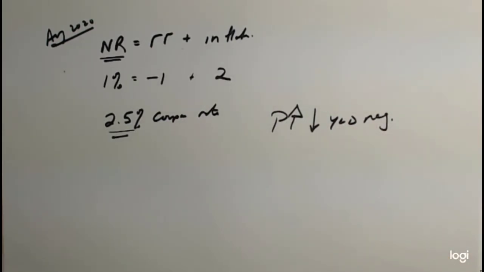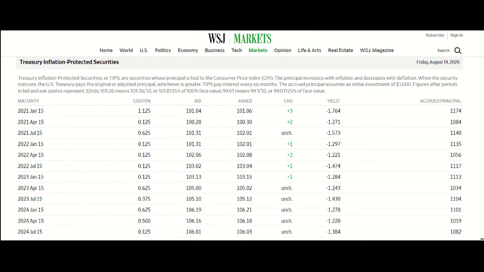Let me show you. Here we have TIPS quotes, prices for TIPS from the Wall Street Journal. And so here on the left, you can see here's the maturity. You can see here's the coupon, what we were using. Now here's bid and ask prices as a function of 100. Now, as I told you, I often use a $1,000 face, which is standard in reality. But when you get quotes, often quotes are a function of 100.